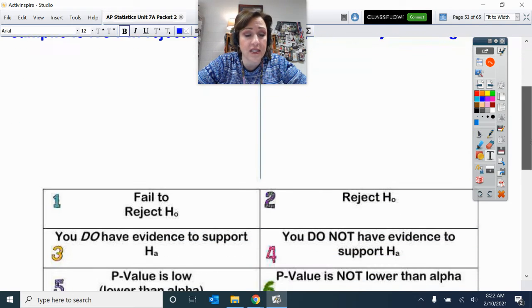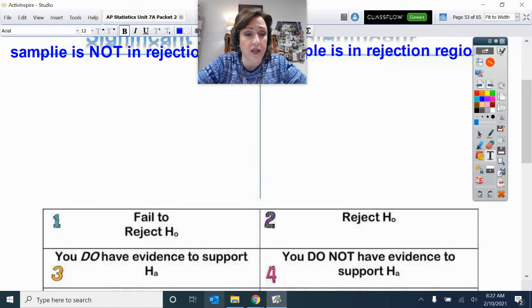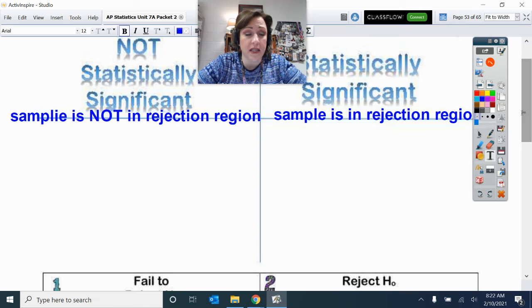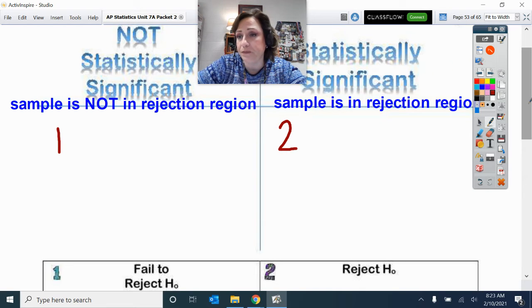So let's talk about each one of these. We're going to label which goes where. If I'm failing to reject, that is because my sample was not in the rejection region. So I'm going to put number 1 here, failing to reject, which means my rejecting statement is here.